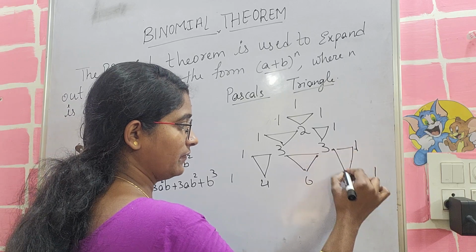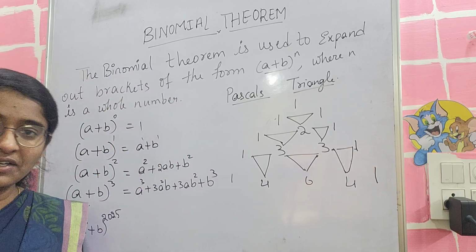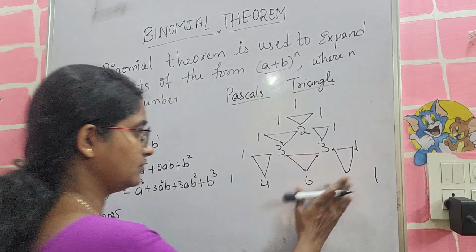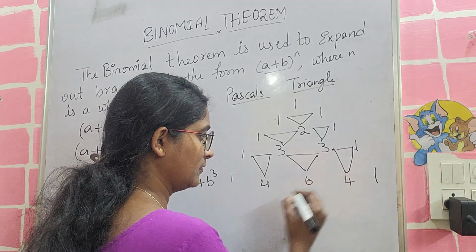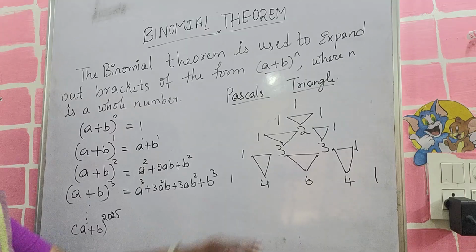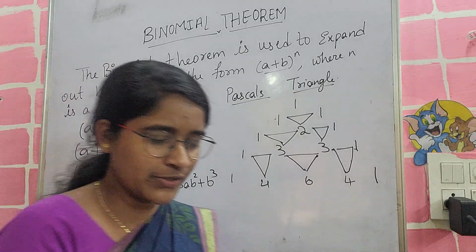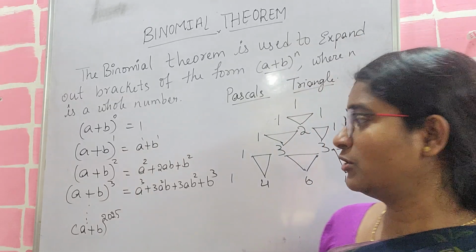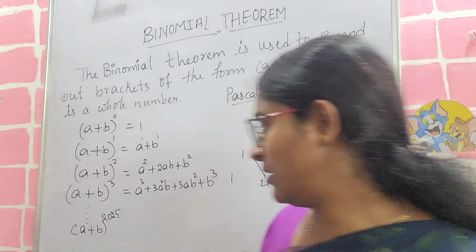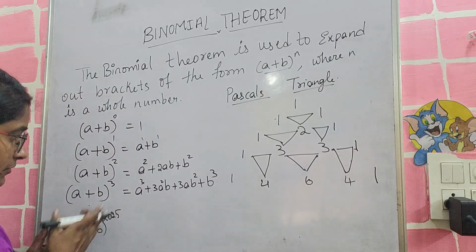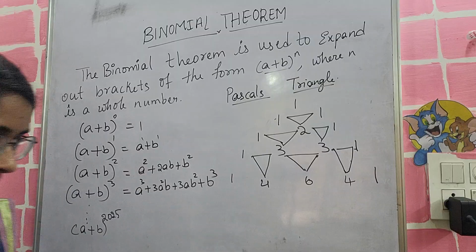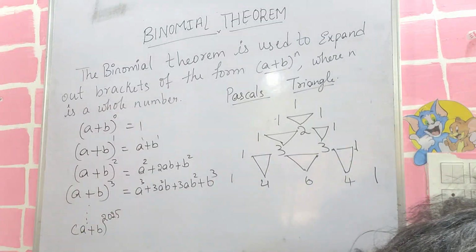So this is the way we are going to get it. Okay, this is the pattern. So by this process we are able to find, whatever the power you have, that power we can find. So till now I think you understood.